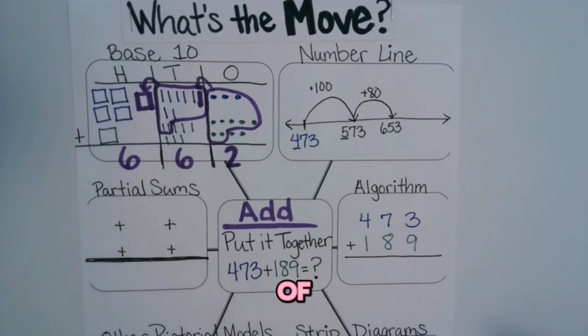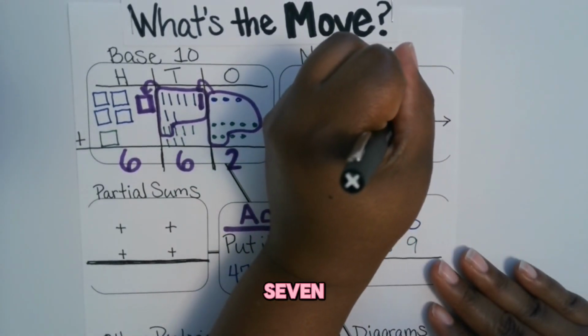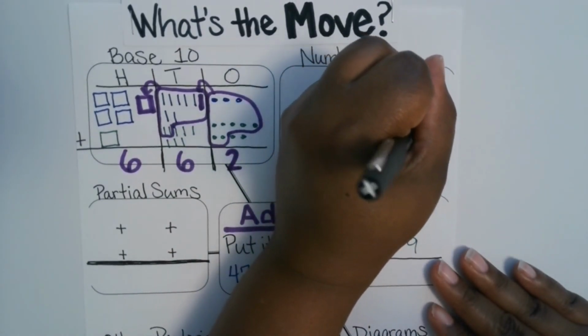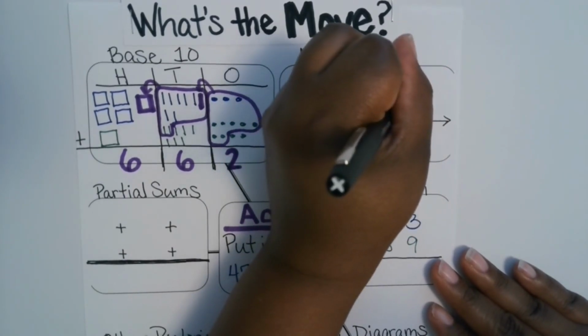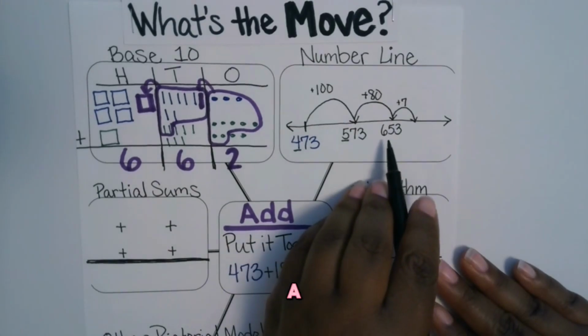Because decomposition or breaking apart of a particular number can be done in different ways, the way that I'm going to use for the 9 is I'm actually going to use a friendly number. So instead of jumping the whole 9, I'm going to just jump 7. Why did I do that? Because I want to get to a friendly number.